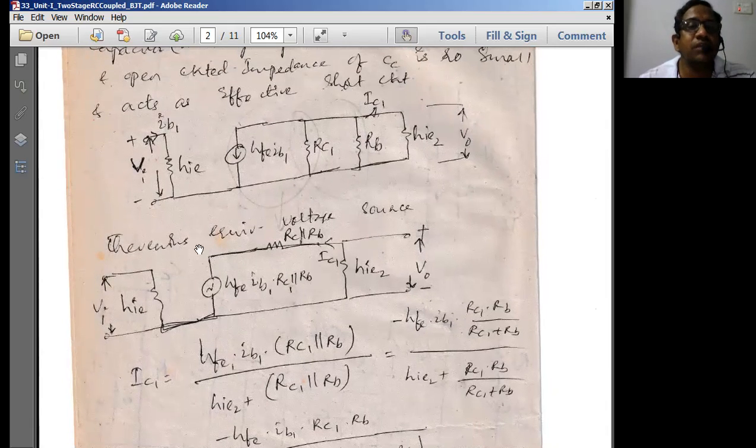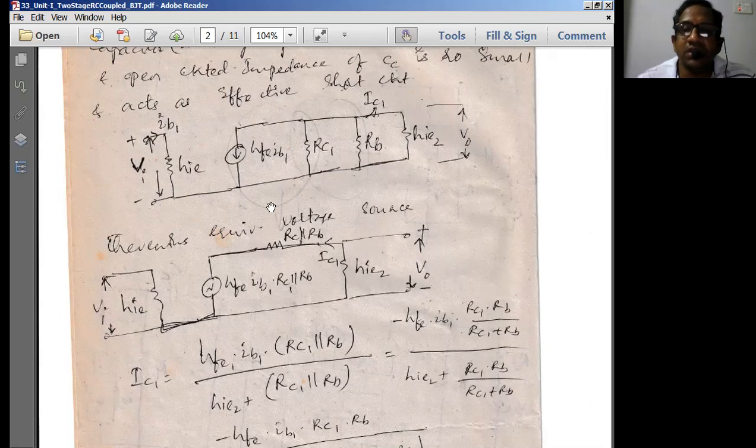So here, if you see carefully, we apply Thevenin's equivalent voltage source at these resistor values. When you write Thevenin's equivalent resistance value, what is the equivalent resistance here? RC1 in parallel with RB is the equivalent resistance we have. Then what about the voltage? V is equal to I into R. So what is I?